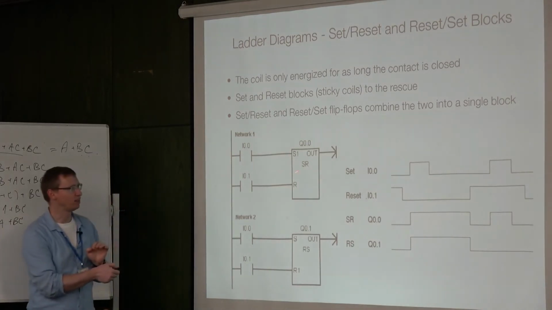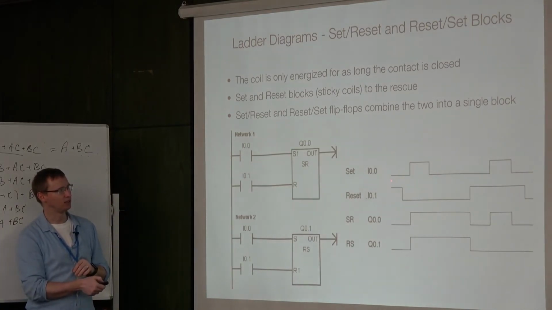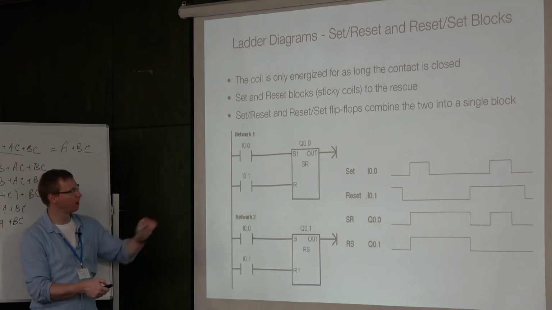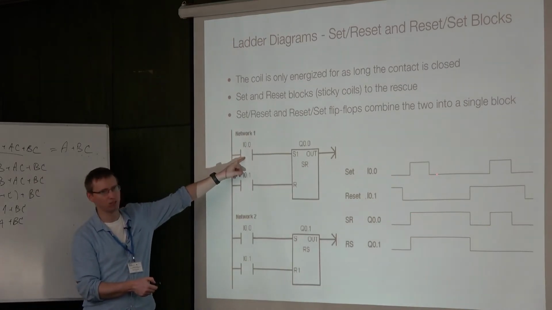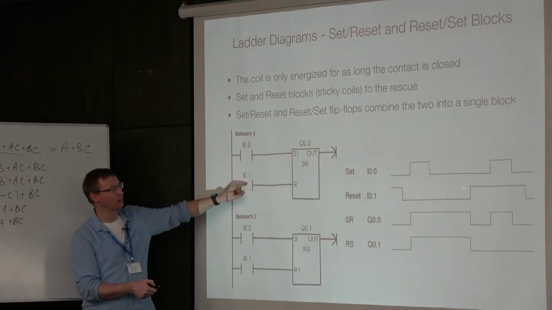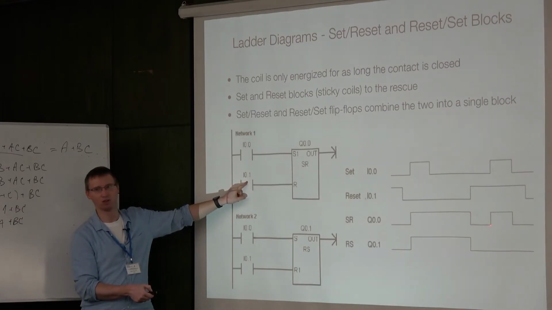So the set reset block, what it does is, when a set signal is enabled, the output from the block is energized. It stays energized despite the fact that this contact dropped back to 0, and it de-energizes only after this reset condition is activated. We see that the output drops back to 0.